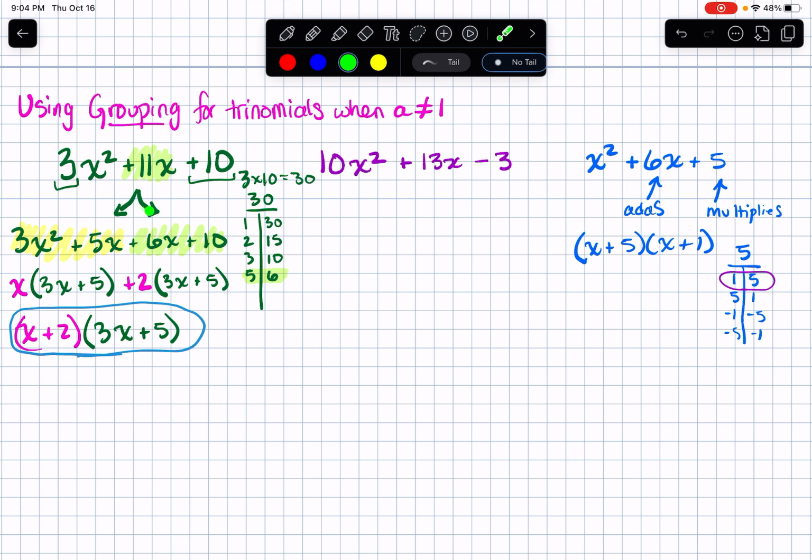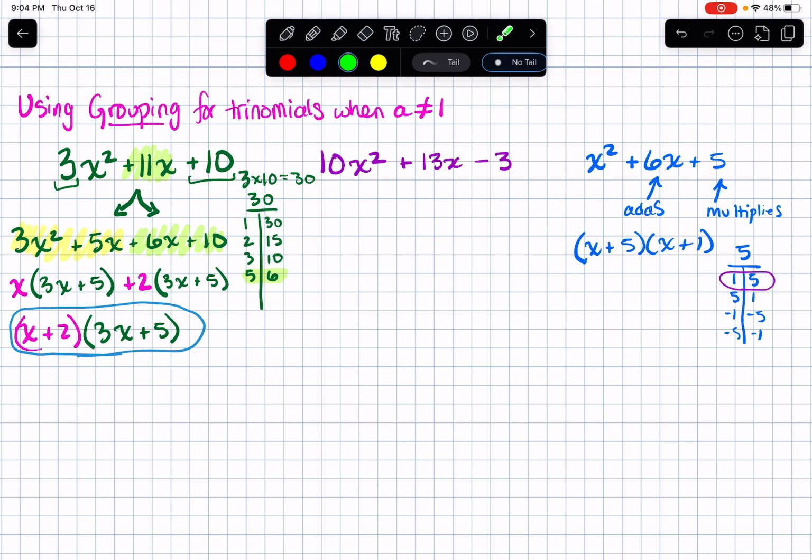So I just kind of did combining like terms in reverse. Took that 11, split it up. Then I used my grouping strategy, and if I chose my numbers successfully, and if this is factorable, when I do my grouping strategy, it will give me the factored form of 3x squared plus 11x plus 10.